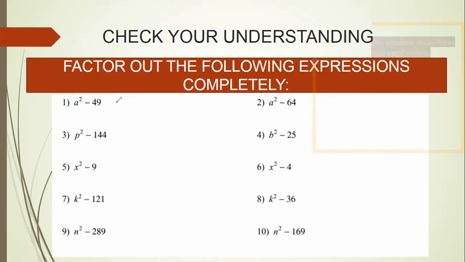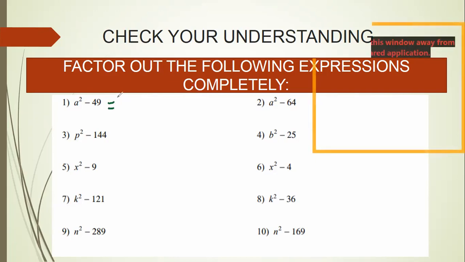Okay, let's check. For number one, the factored form of a squared minus 49 is a plus 7 and a minus 7. Okay, did you get this right?